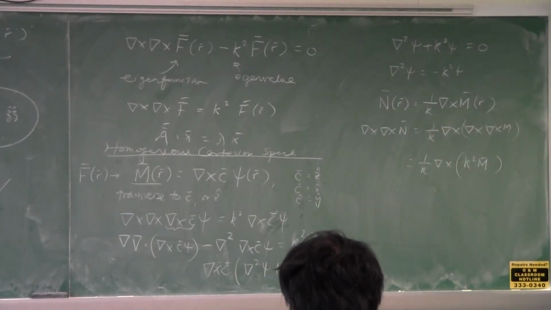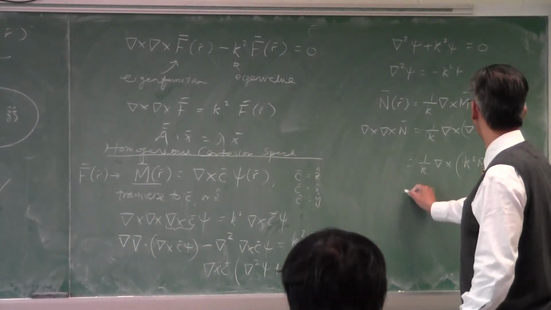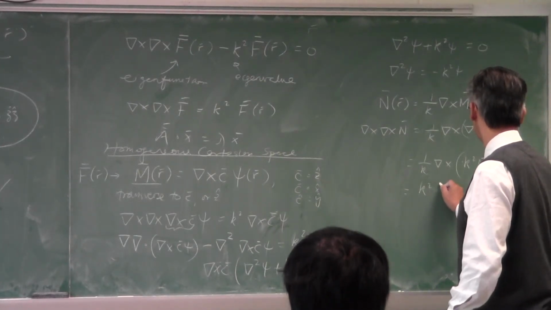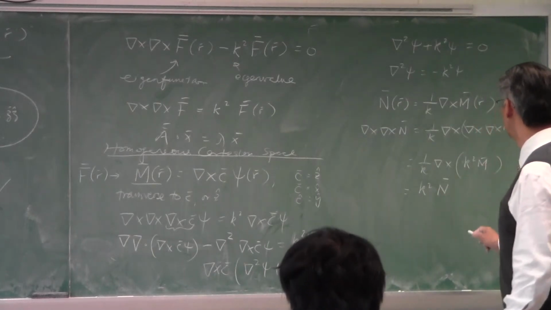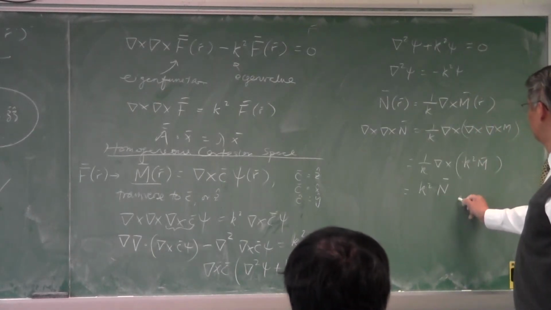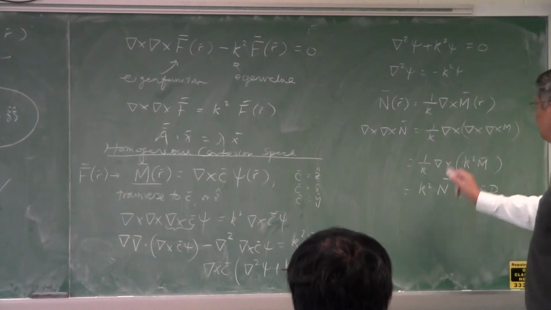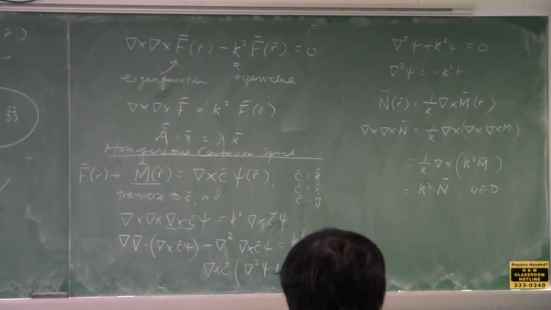Okay. And then it will be K squared N, and hence the N also satisfies the vector wave equation. So you can construct an N very easily. Once you find an M, you can construct an N immediately by taking its curl.